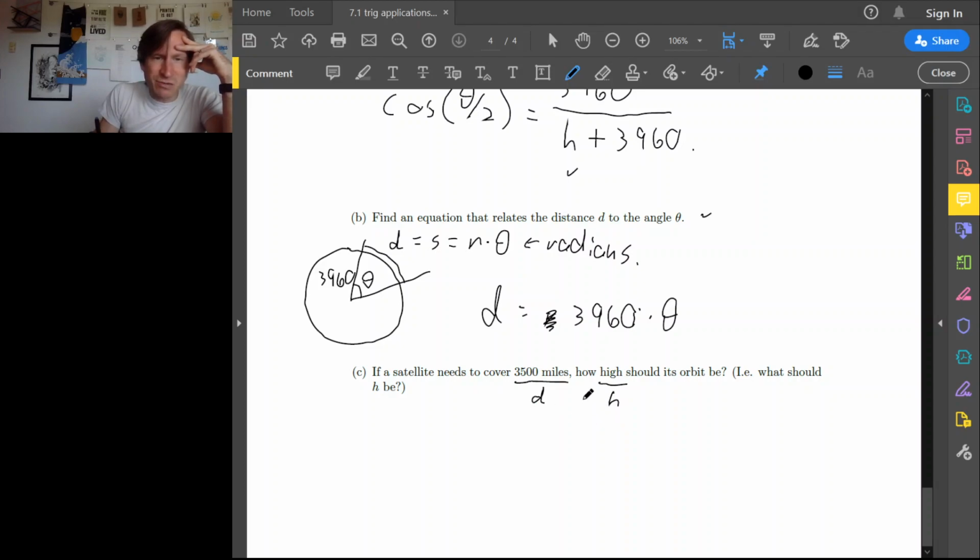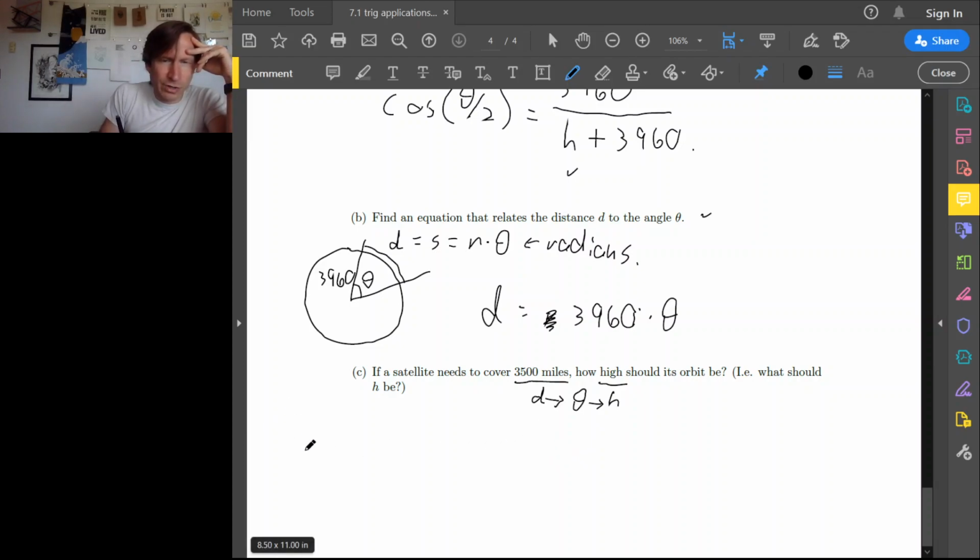So we know d, we want to find h. Well, in the previous part, we found a relationship between d and theta. So we know d, we should be able to find theta. But from part A, we had a relationship between theta and h. So we should be able to use theta to find h. So I guess that's going to be our plan. Use d to find theta, and then use theta to find h.